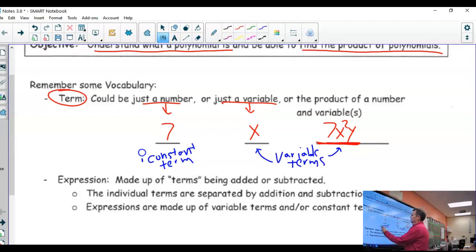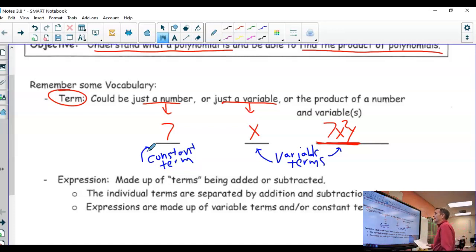Where a constant term is really just a fancy word for a number. In math, a number is called a constant. It doesn't vary. It's constantly the same number, unlike a variable, right?